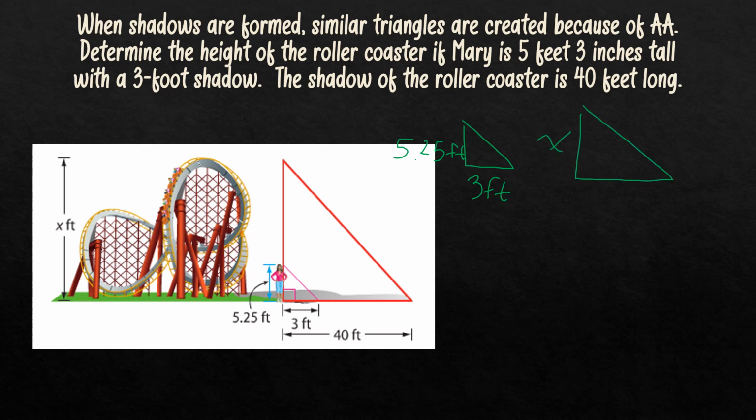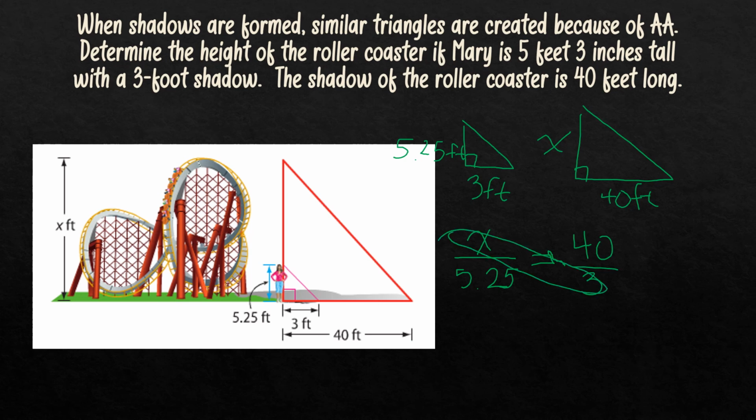We do not know the height of the roller coaster, but we do know that the shadow is 40 feet. So we're going to set a proportion up to figure out X. So we're looking for X, and it corresponds with 5.25. And then going back to the triangle with X, the bigger triangle, that's 40 over 3.